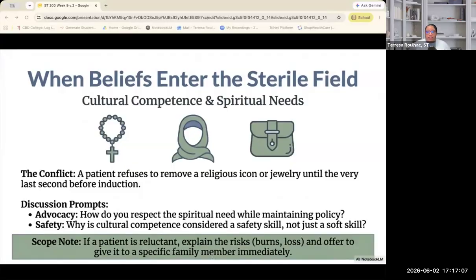Our responsibility is kind of twofold here. One, we respect the patient's belief, and two, we maintain surgical safety standards. Cultural competence is not ignoring policy, it's navigating policy with awareness. So, is cultural competency a safety skill?